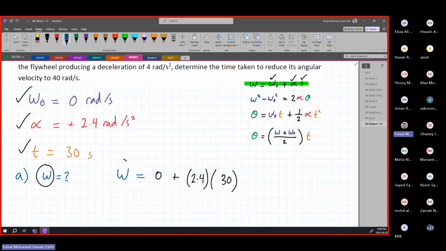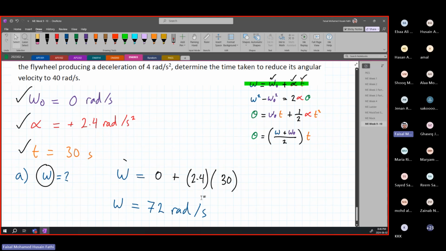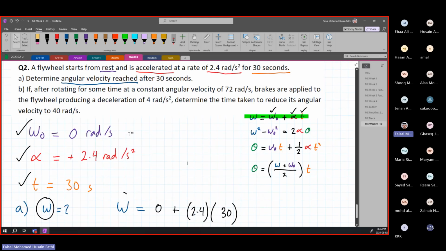So omega is equal to 2.4 times 30, which is 72 radians per second. Make sure your units are always correct. Here, acceleration is already in radians per second squared, and time is in seconds, so this will be in radians per second. This was part A.